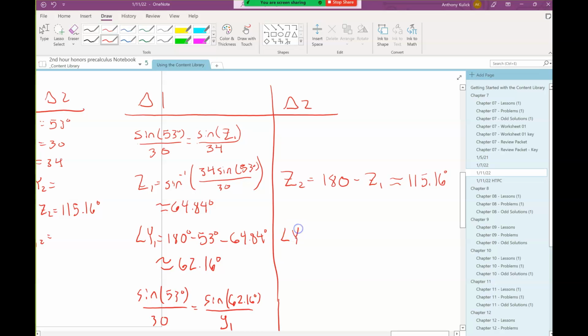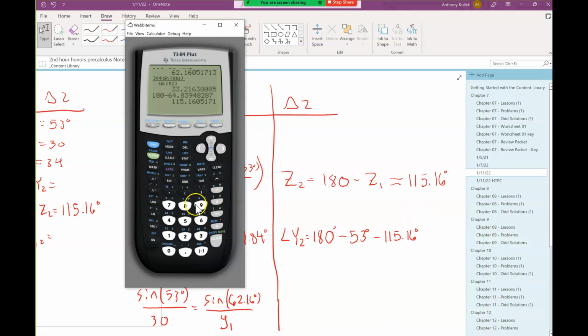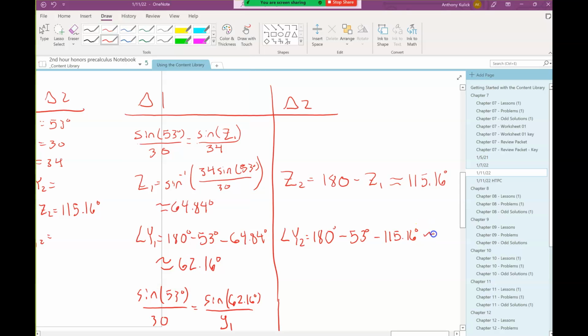And now to get angle Y2, again, pretty straightforward because I know two of the three angles. So 11.84.